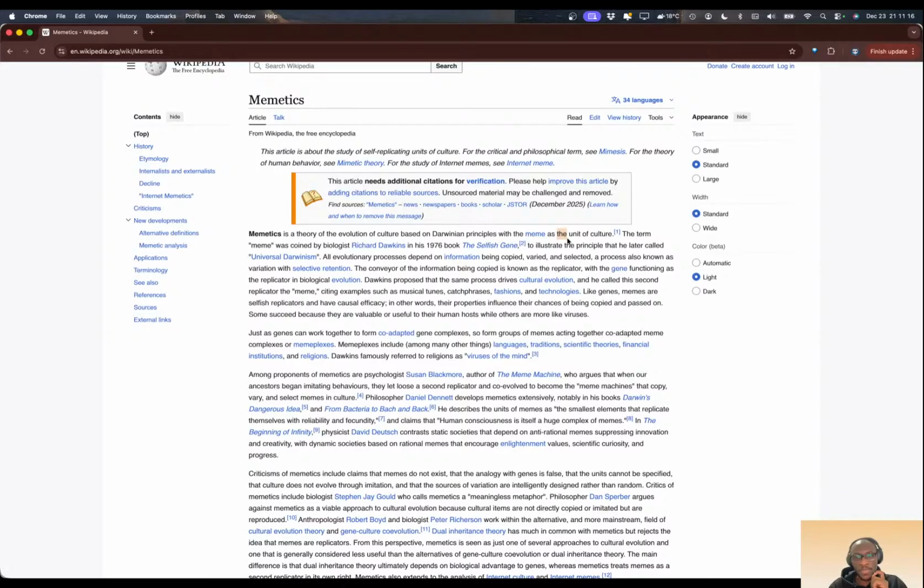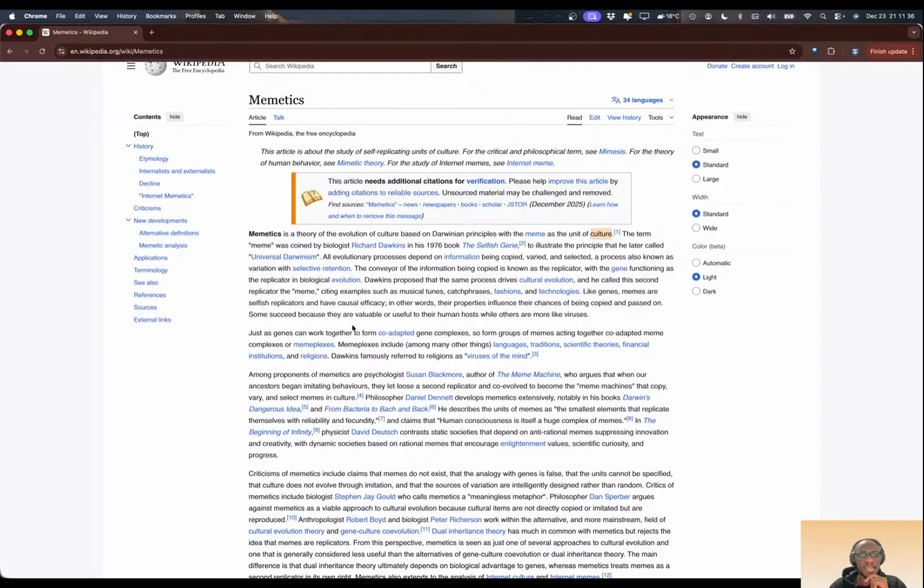Genes are one of the main things humans spread ideas with, right? But in this case, Darwinian principles explore these meme ideas, and culture uses the meme as a way to spread ideas.